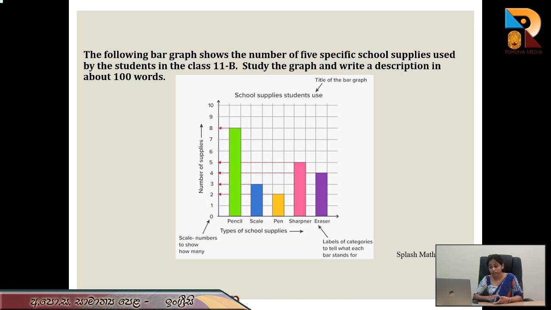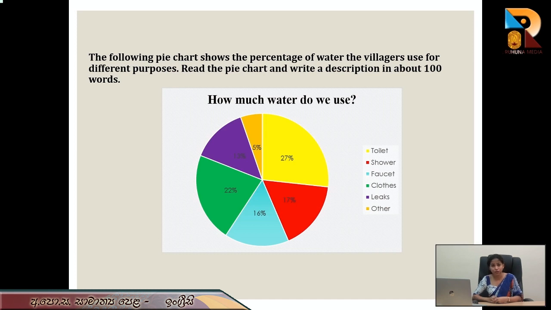The number of pens used is a quarter of the number of pencils used by the students, right? So that is something that we can notice there. And if you want, you can add that sharpener is the second most used school supply, right? So that's about it.